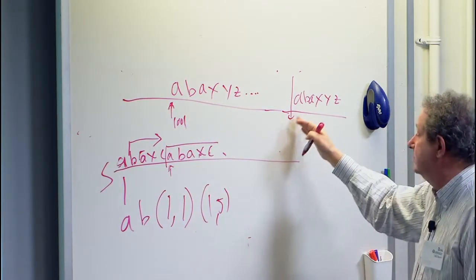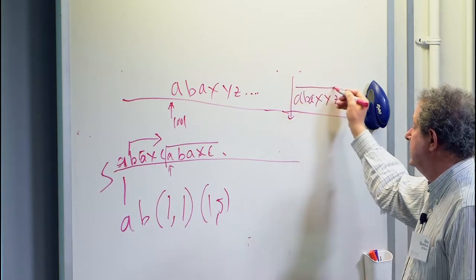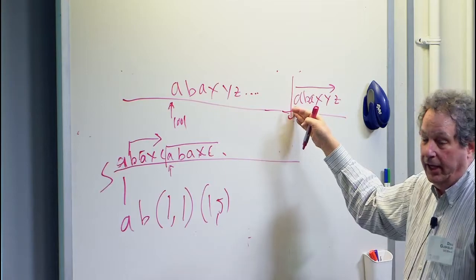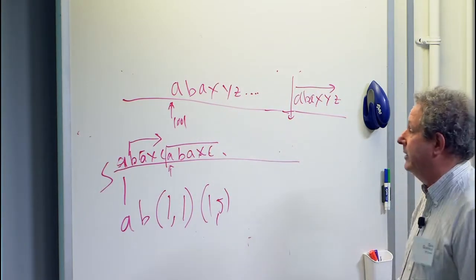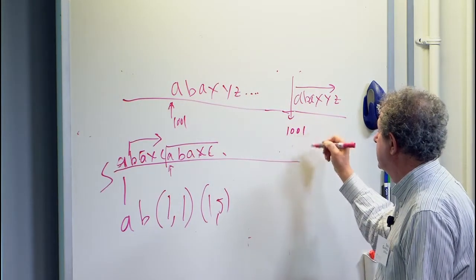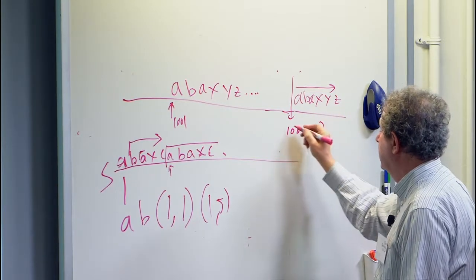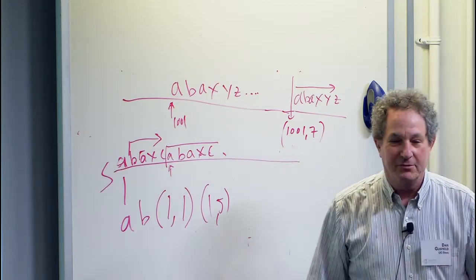Now you have to represent what's left, and so you ask, what's the longest substring that starts here and has occurred previously in the string that we've processed. And if we can find that quickly, we would say 1001, 1, 2, 3, 4, 5, 6, 7.